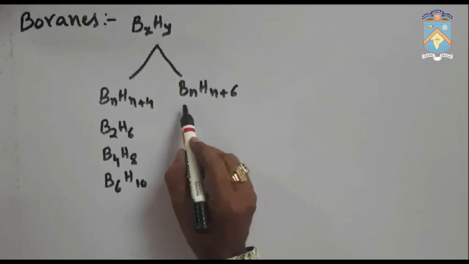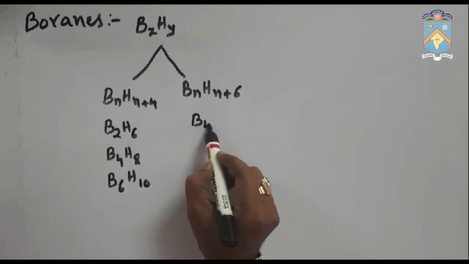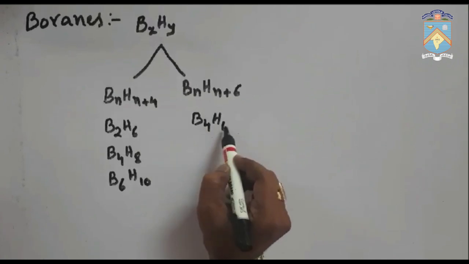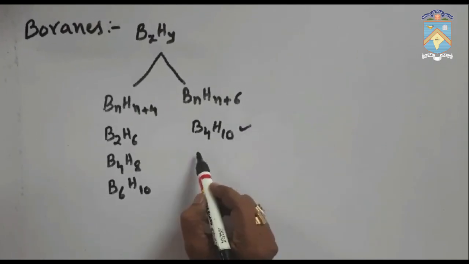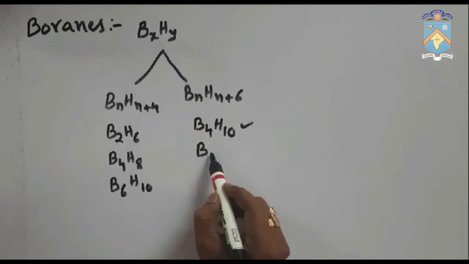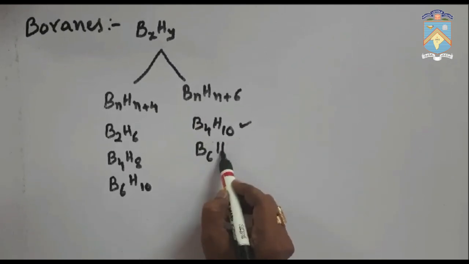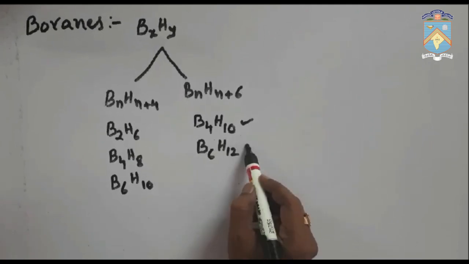Now the examples for the other category include B4H10. The name of this borane is tetraborane 10. If I put n equal to 6 in the above formula, then I am going to get B6H12. This is hexaborane 12.